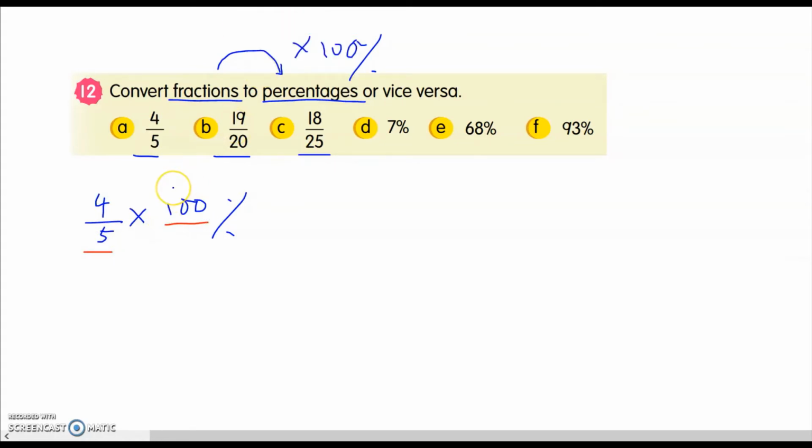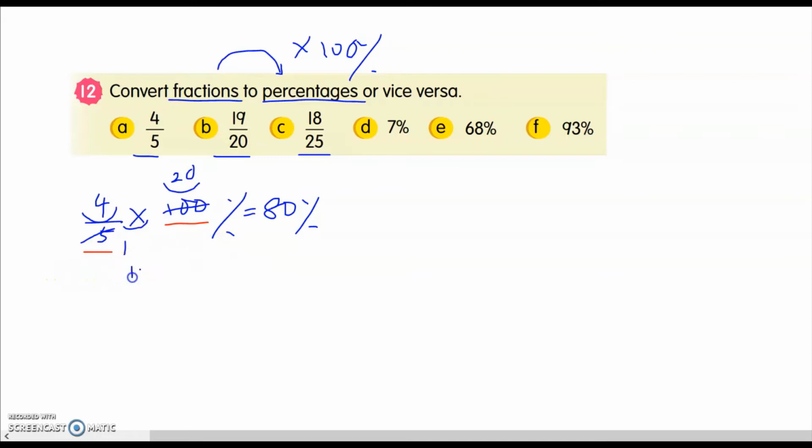Simplify means you look for the same factor they are in. So this is 5, this is 100, they are in the 5 factor. So 5 divided by 5 is 1. 100 divided by 5 is 20. So now you have 4 times 20, you get 80%.